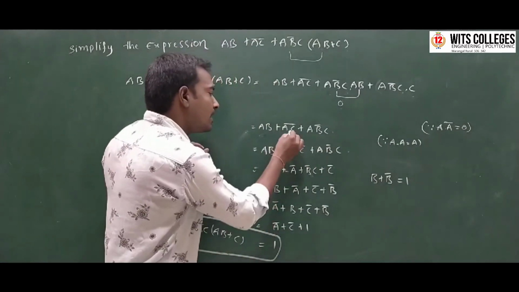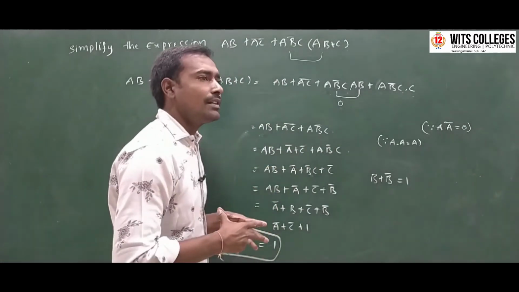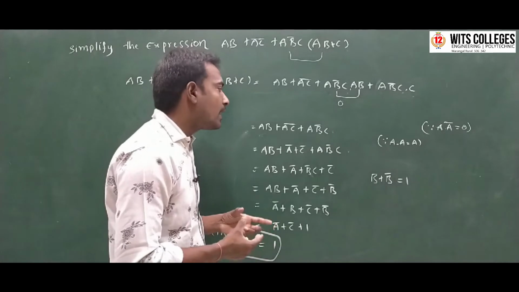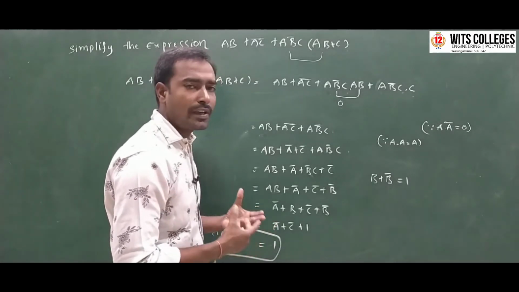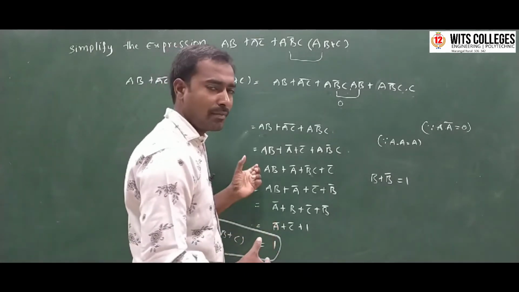And here we have the Boolean law, that is De Morgan's law, AB whole bar is equal to A bar plus B bar.